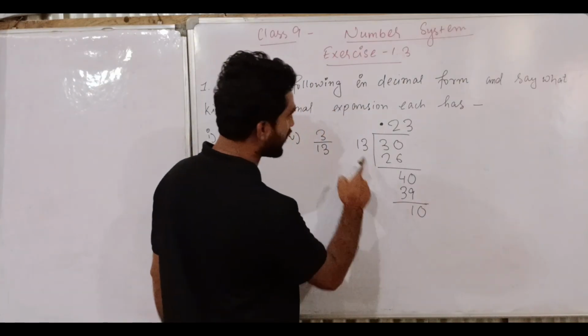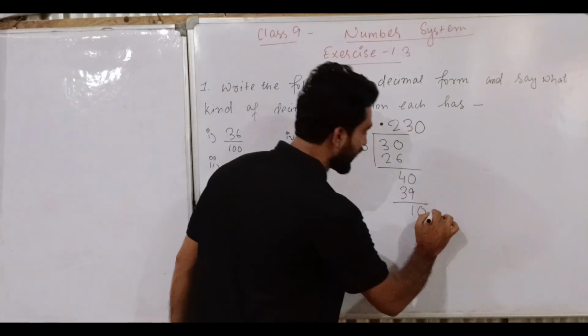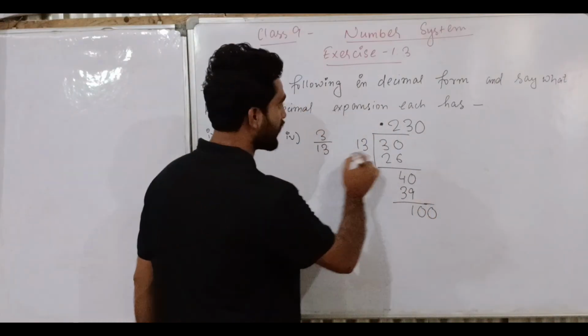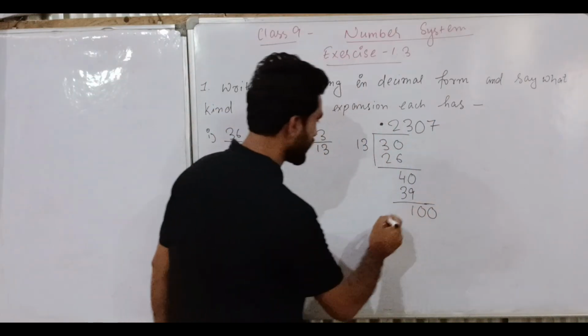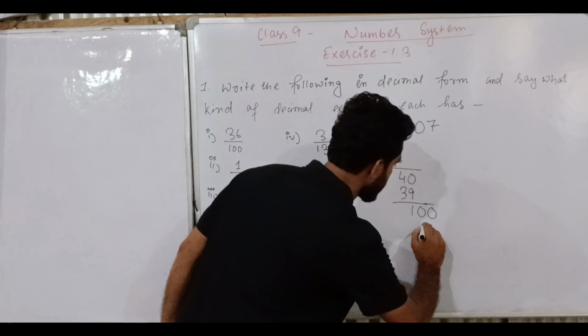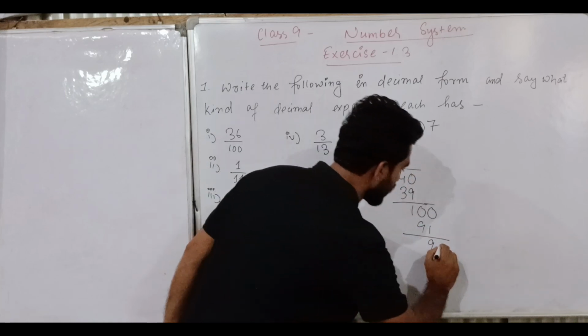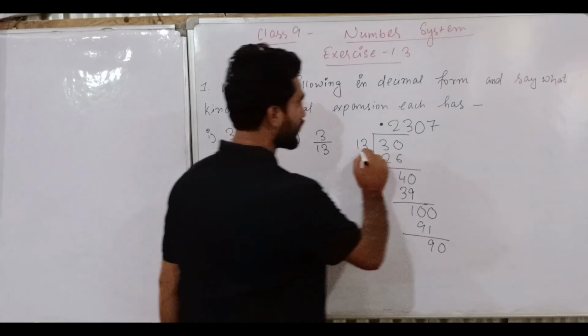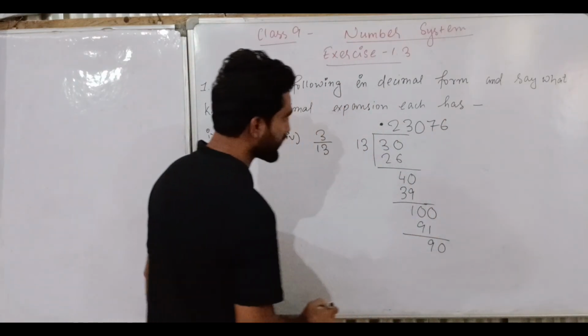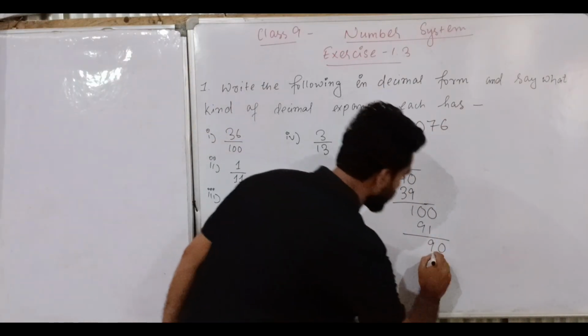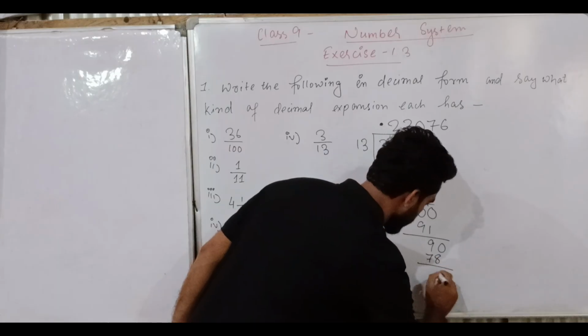So 10 is not divisible by 13. So we have to put 0 here, 0 here. So 13 7s are 91. Then 9, 0, 13 6s are 78.